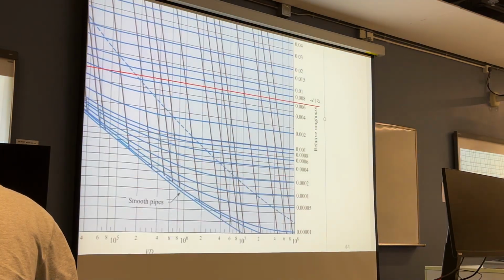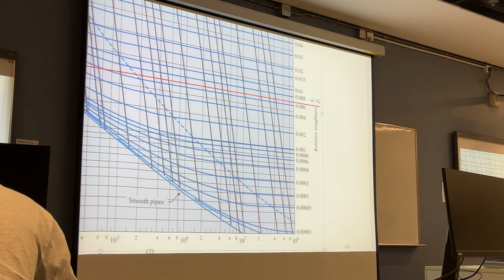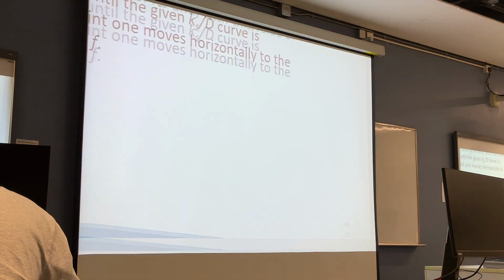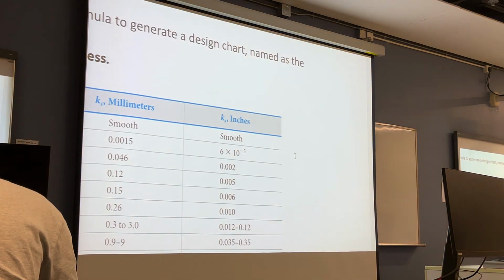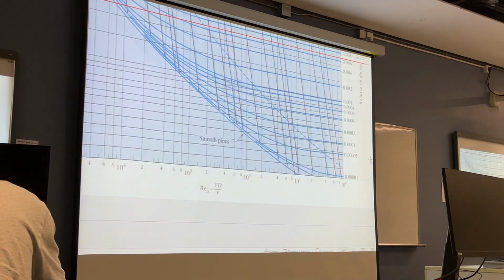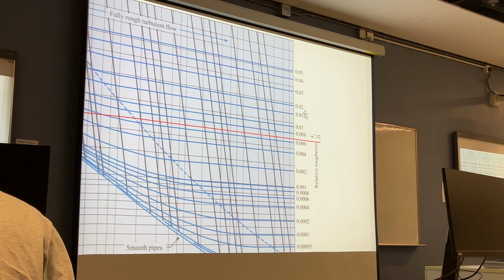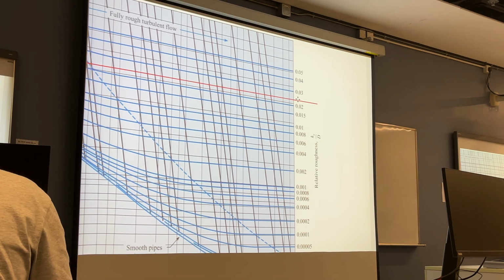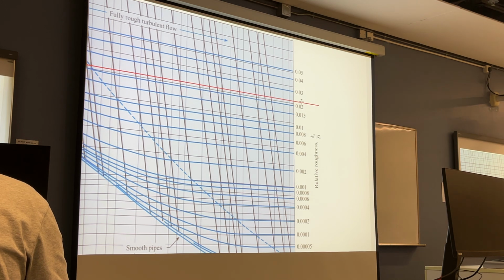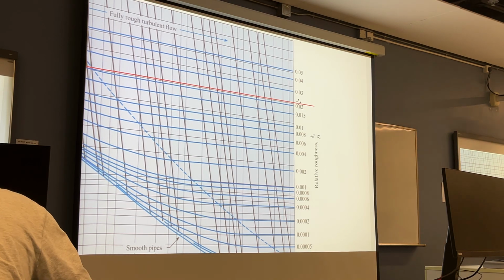Where's the cursor? Okay, 0.02 is here, right? 0.03. 0.0224 is approximately, half is around here.